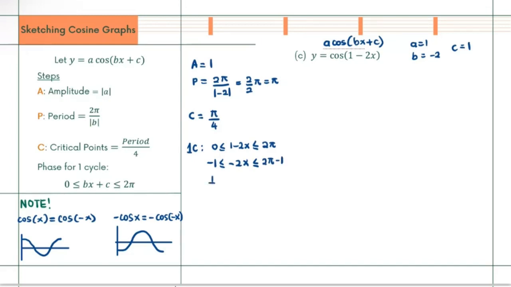So kita ada 1 over 2 greater than or equals to x greater than or equals to, ini adalah benda yang sama sebenarnya, 1 over 2 minus pi. So saya buat example yang lebih kurang, cuma in terms of cos. So kat sini kita kena ubah balik dia kepada 1 over 2 minus pi less than or equals to x less than or equals to 1 over 2.